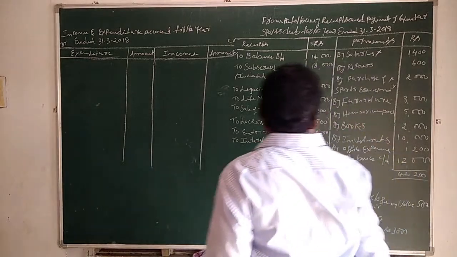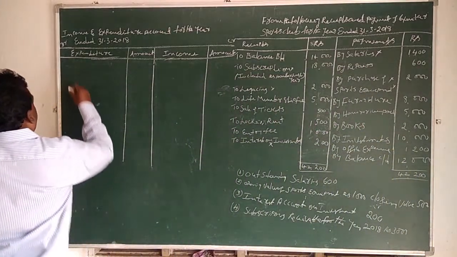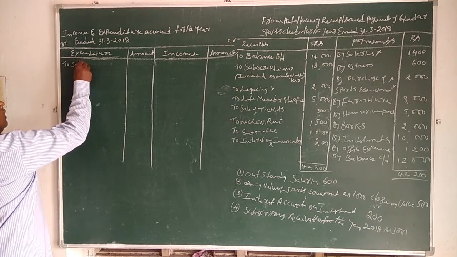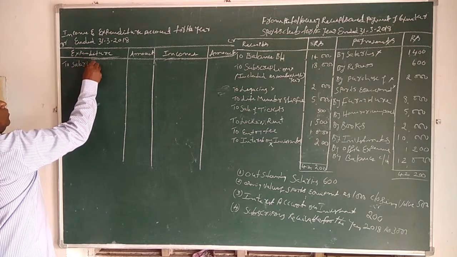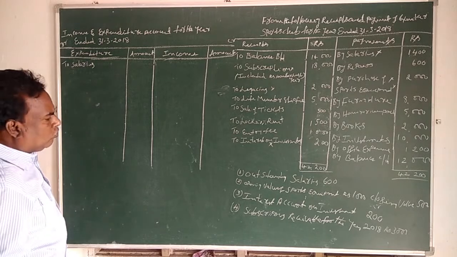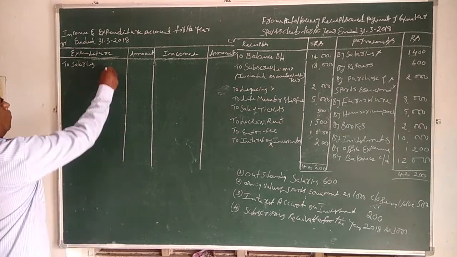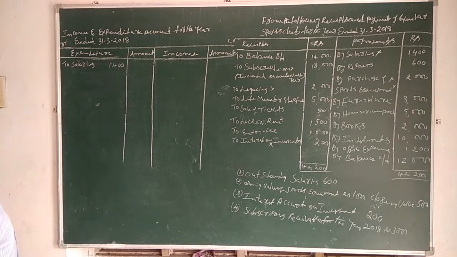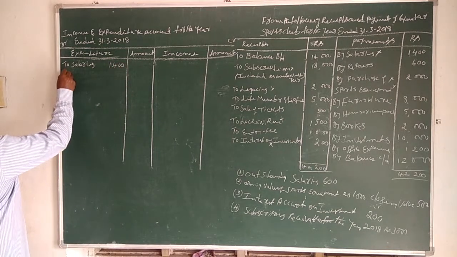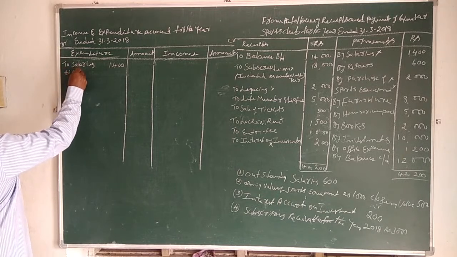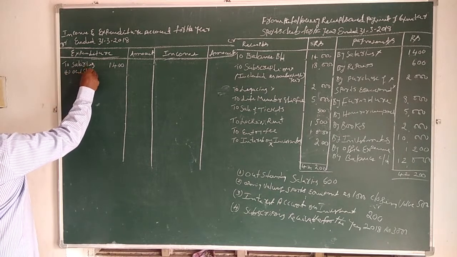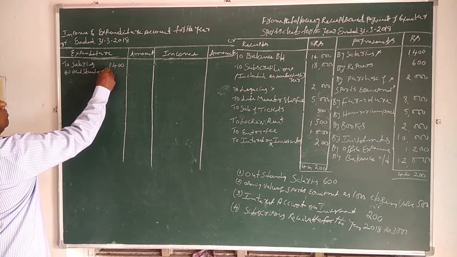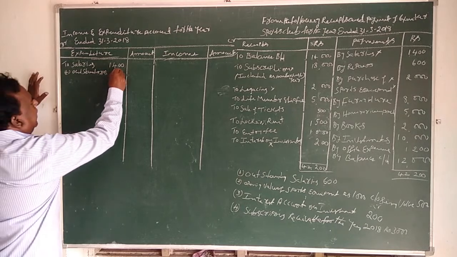By salaries. To salaries, it is a revenue expenditure. To salaries, 14,000. Adjustment is there. Adjustment is outstanding, plus outstanding for the year 2018 amount 600.